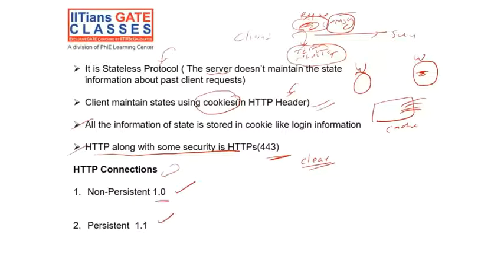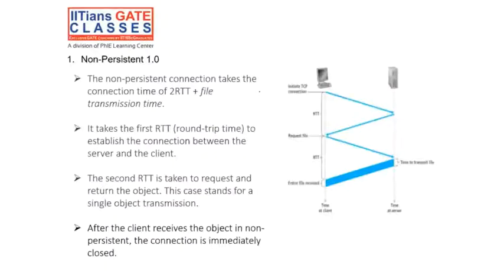HTTP 1.0 is non-persistent, HTTP 1.1 is persistent. See, what is the meaning of persistent and non-persistent? Non-persistent means, listen, for each request there is one connection. For each request there is one connection.